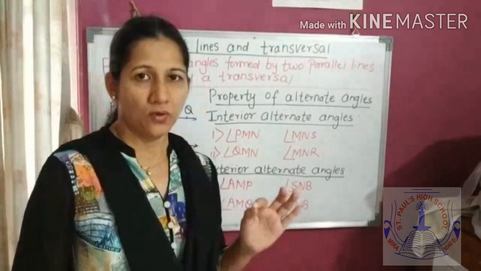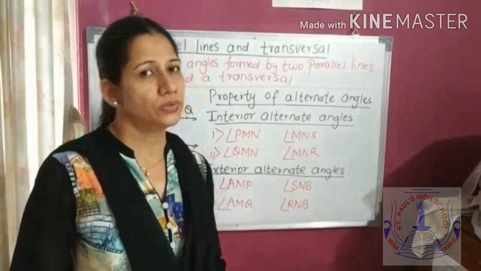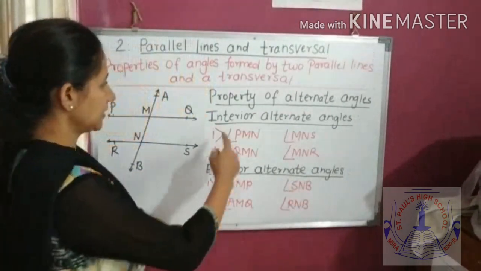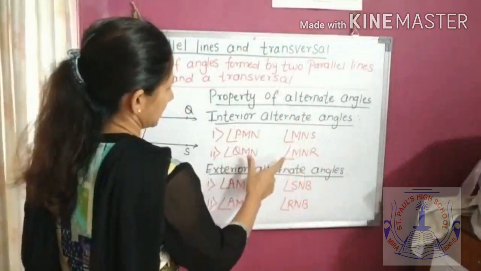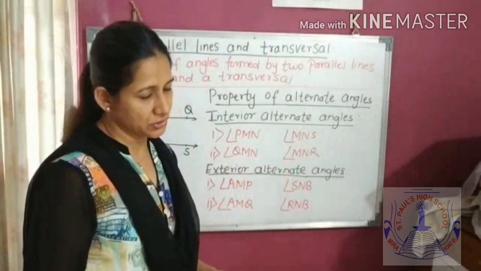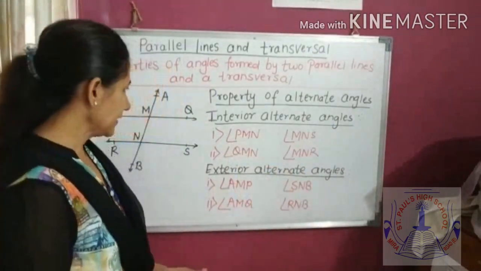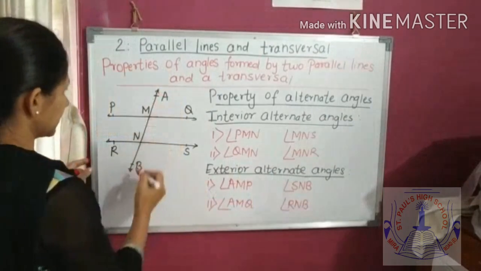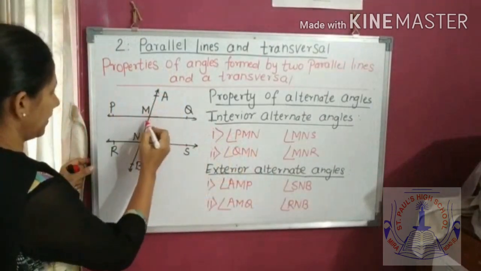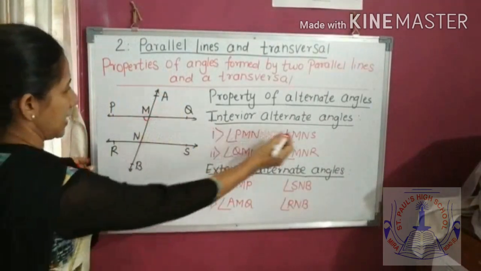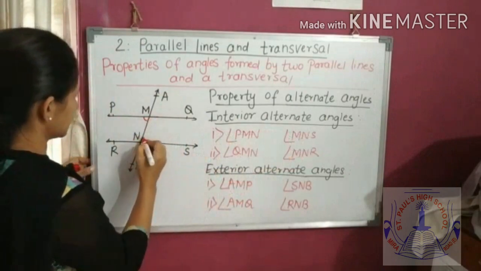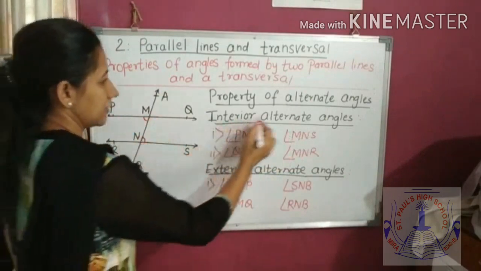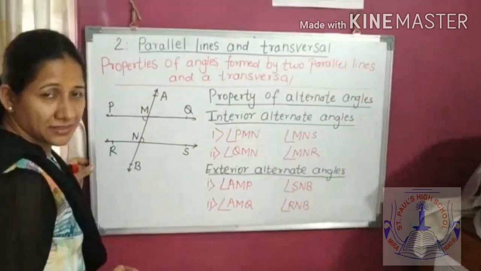Just as we studied about corresponding angles, each pair of alternate angles are also congruent to each other. Now in this figure, we have angle PMN and angle MNS. This is one of the pairs of interior alternate angles.